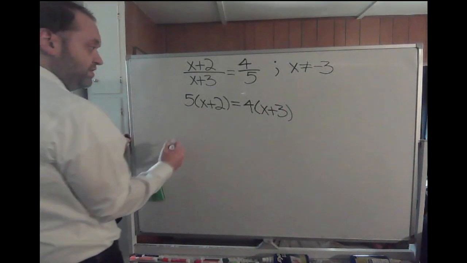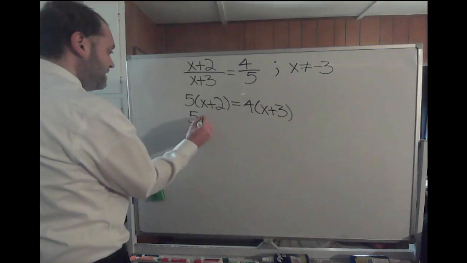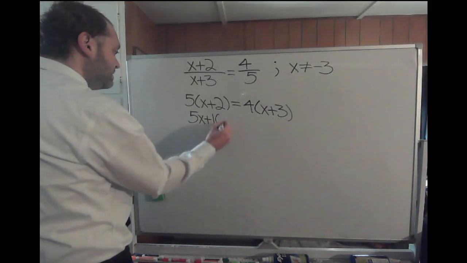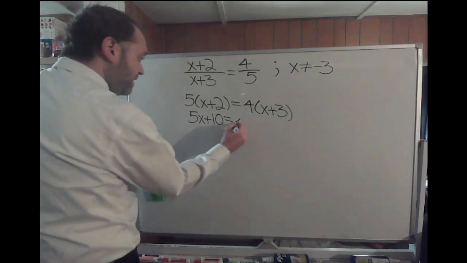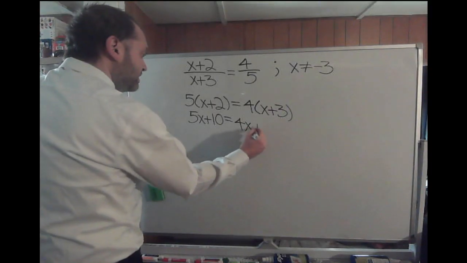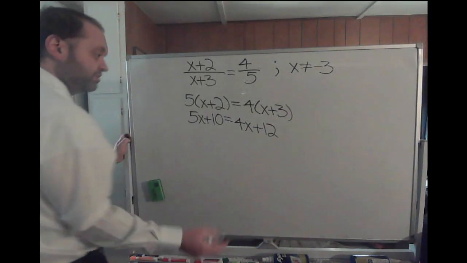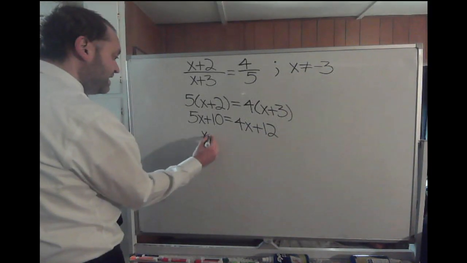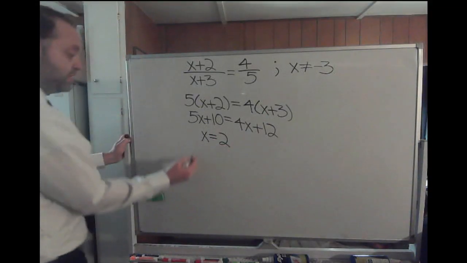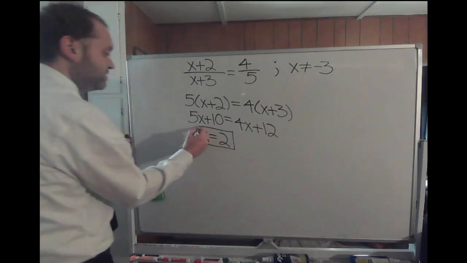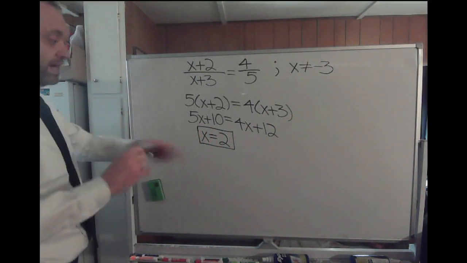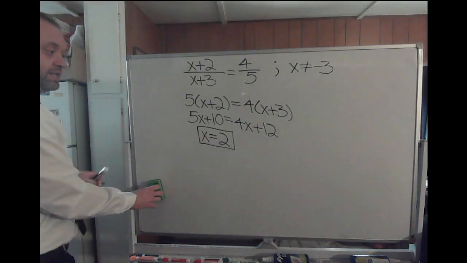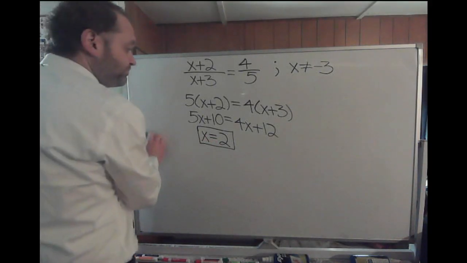Do the distributive on both sides, you would end up getting 5x plus 10 is equal to 4x plus 12. And then when you simplify this, you would end up just getting x is equal to 2. And x equals 2 is not an excluded value, so x equals 2 is the solution. It's a viable solution.